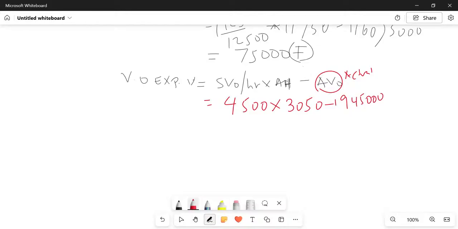13,945. Yes, you return back the thousands, isn't it? Because it is in shillings thousands, I must always return them back. Otherwise, the other option is to convert this to thousands, dividing by 1,000. So then give me this variable overhead expenditure variance.